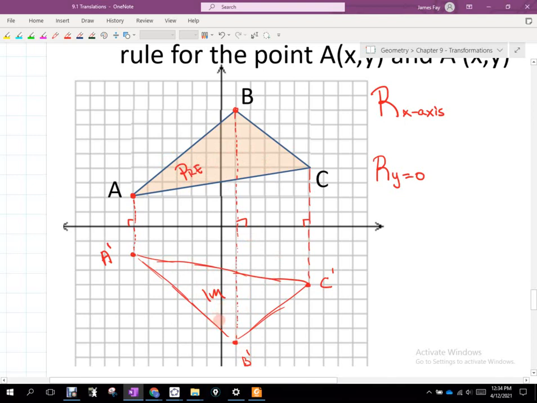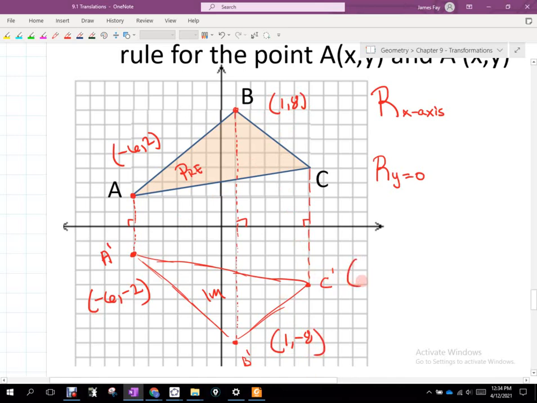What happens though, and this is only going to work for a certain set of lines of reflection. This point here, A, was located at negative 6, 2. This point A prime is now negative 6, negative 2. B was at 1, 8 and is now at 1, negative 8.